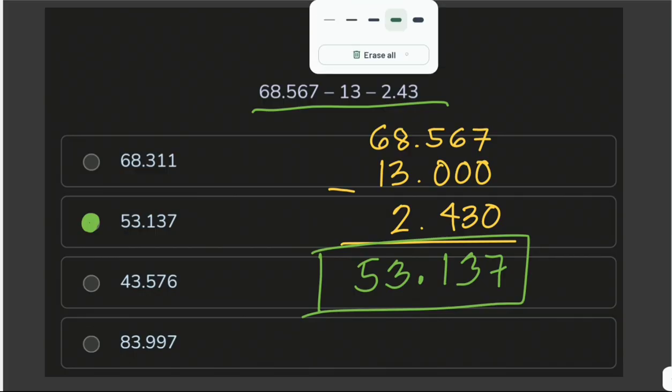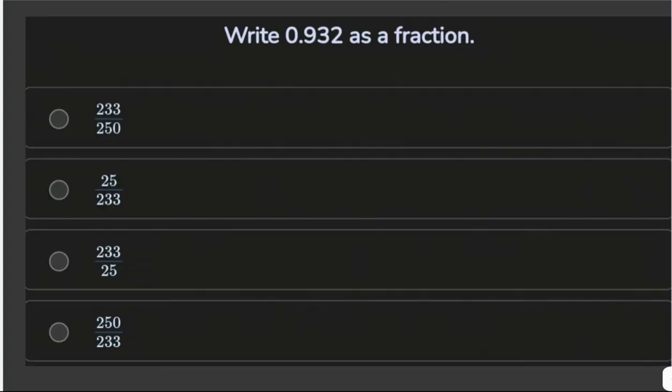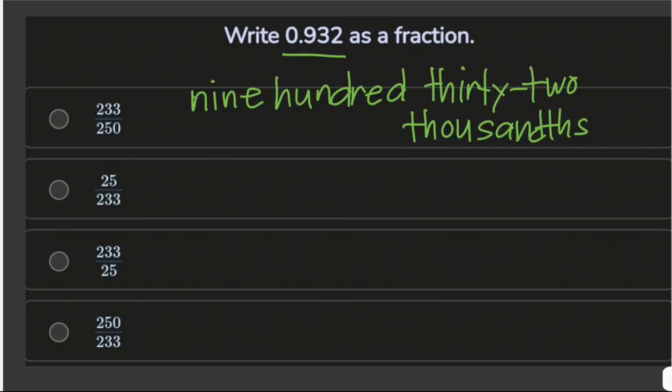Now let's solve another one. Write 0.932 as a fraction. So how do we write decimal numbers as fractions? Take a look at this number first, and you must know how to read it. We read this as 932 thousandths, since the last digit is in the thousandths place value.